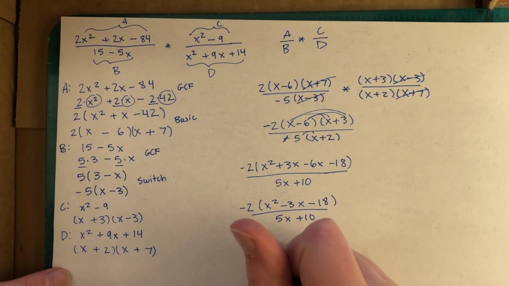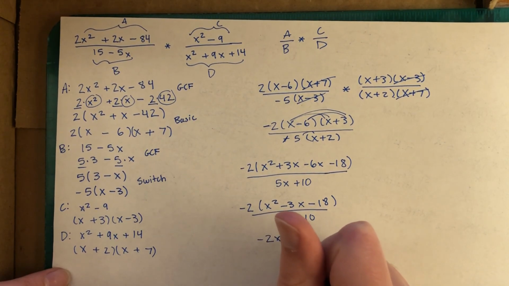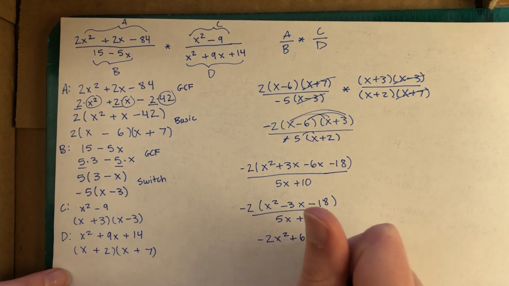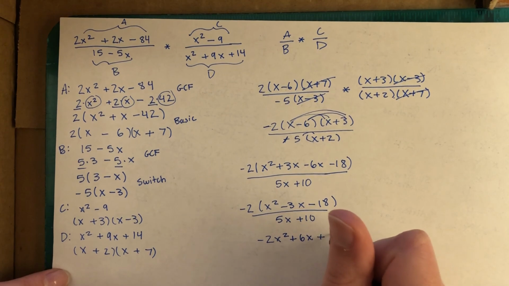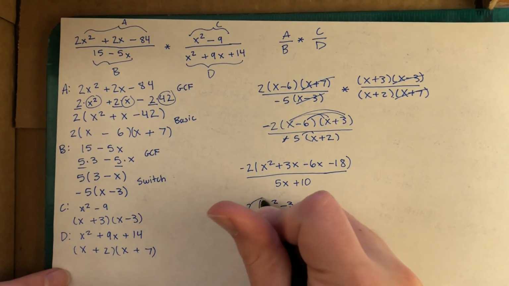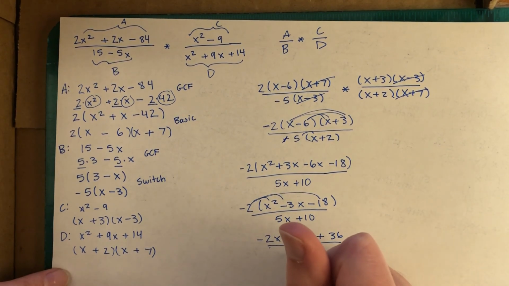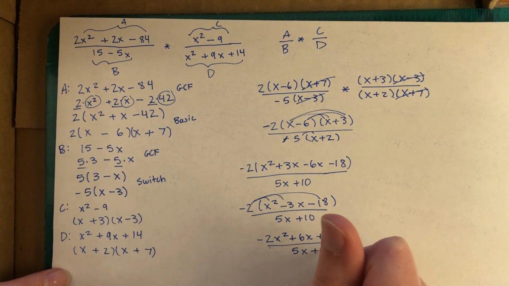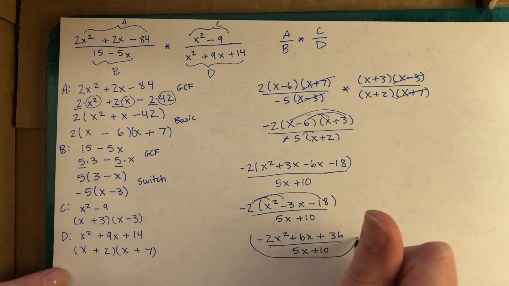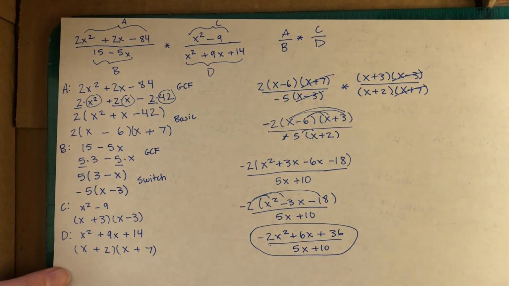That's going to make negative 2x squared plus 6x plus 36, I'm doing this, over 5x plus 10. And here is my final answer.